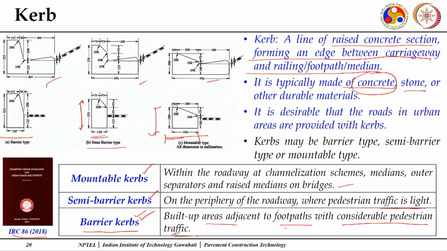These curbs are concrete structures designed in different manners. We place them on the edges of carriageways when we need to separate out footpaths, and if there is a median, the median edges are also made with these cement concrete curbs.